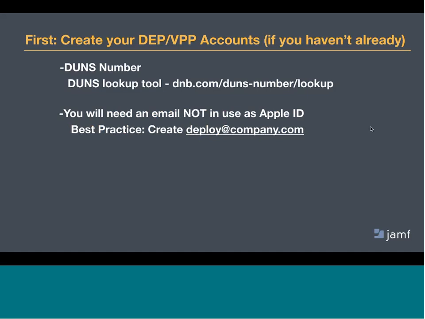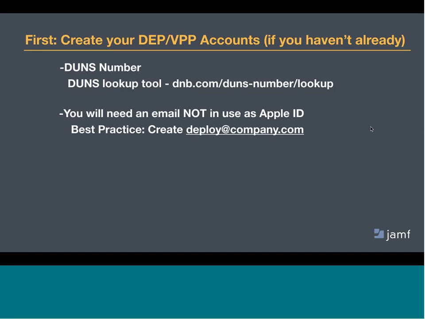The next thing we'll need is an email address to associate these accounts with. Typically, you'll need an email that is not a current Apple ID. So let's say you have your work email and you've created an Apple ID with that already. You will not be able to use that email for these deployment programs. So the best practice is to create a unique email specific to these programs.